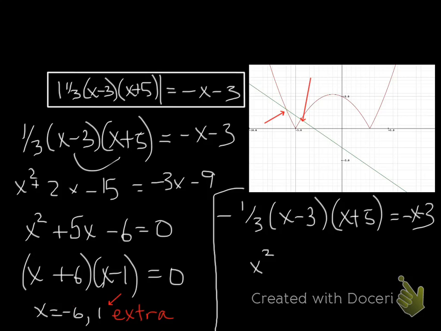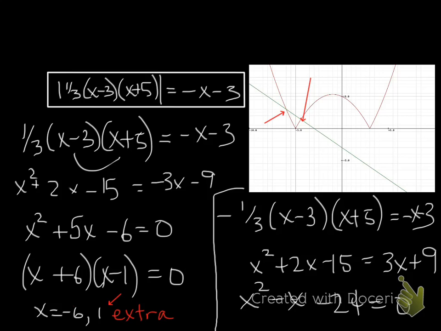I've done this already once before, plus 2x minus 15. And on the right-hand side, we'll multiply by a negative 3. That will cancel this fraction here. So multiplying by a negative 3, you get positive 3x and a positive 9.